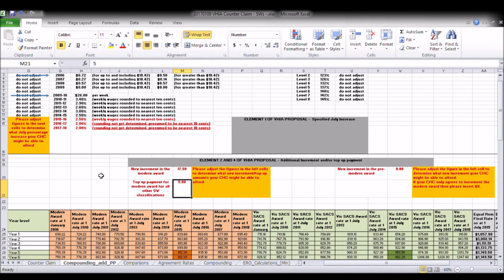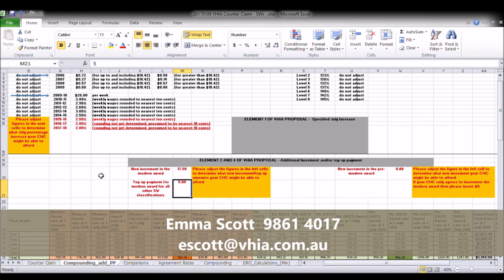It also helps identify if there is any solution to the SACS bargaining. If you'd like a further explanation on the VHIA proposal, or would like to understand more about the equal remuneration order and why the wages are so complex, please contact VHIA.